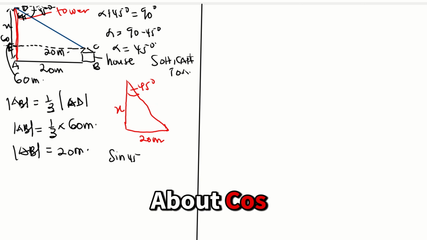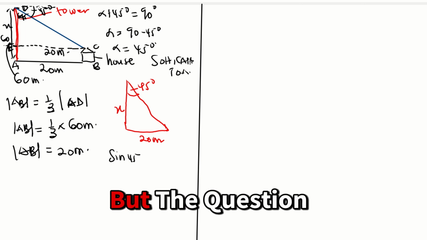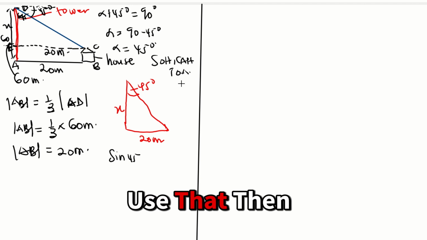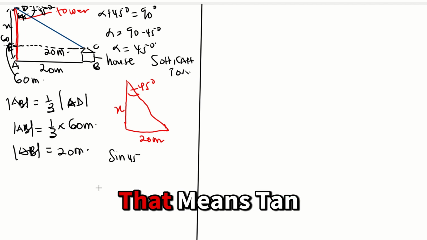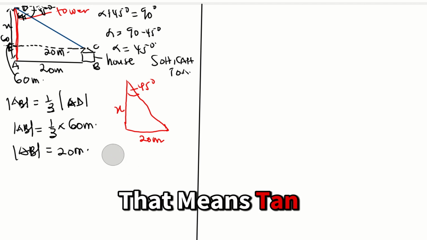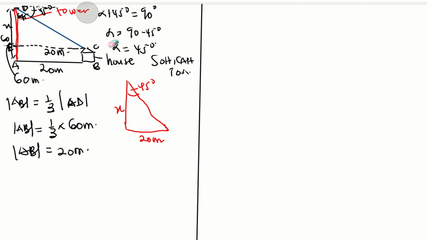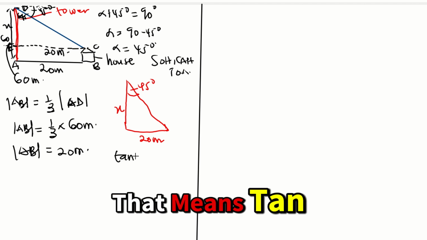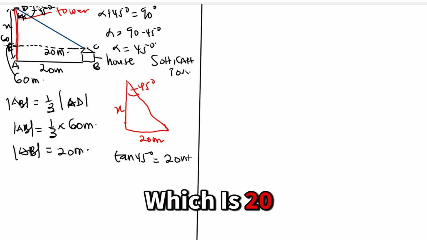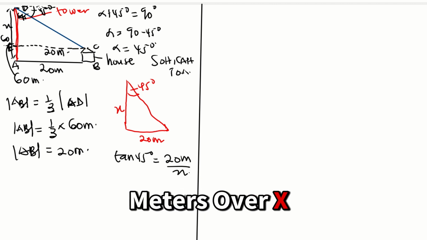What about cos? Hypotenuse is also here, but the question is silent on the hypotenuse. So we can't use that. Then we use tan. That means tan 45 degrees is equal to opposite, which is 20 meters over X.